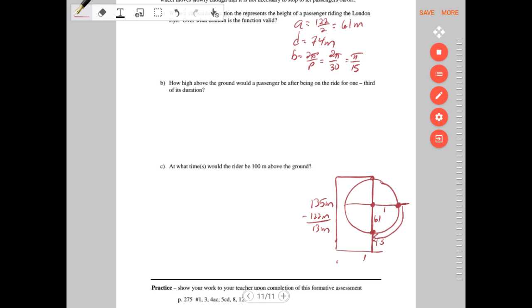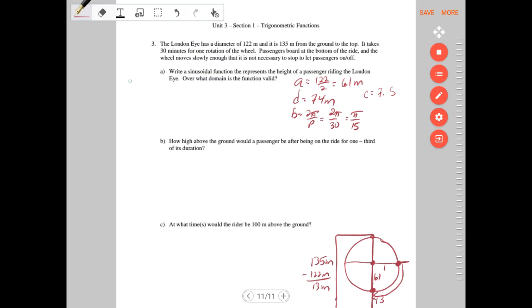So 1/4 of 30 minutes equals 7.5 minutes. So that's going to be our horizontal shift. Okay, 7.5. Alrighty, good.